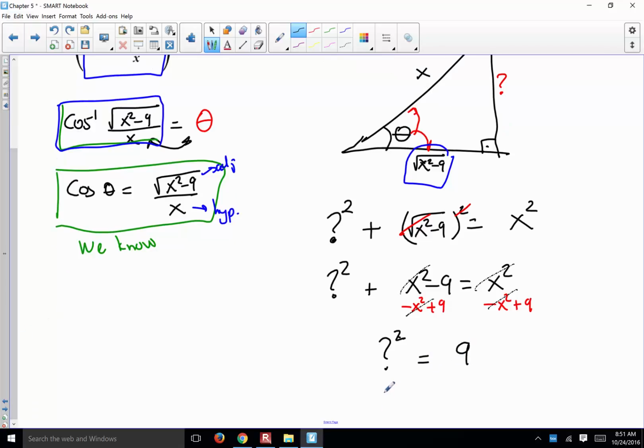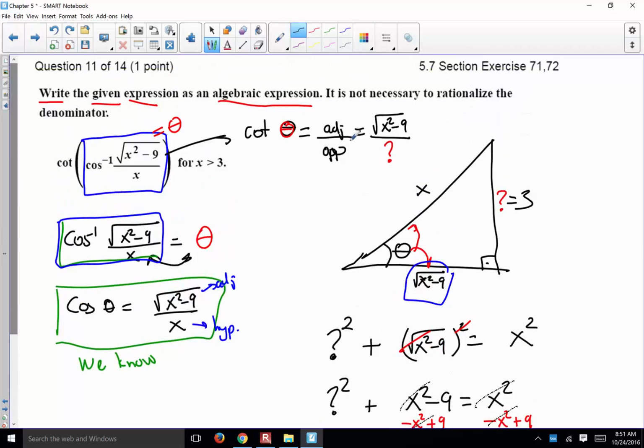What is the question mark side? It is 3. Okay, now we have the question mark as 3. We have the answer, root x squared minus 9 over 3. Does it make sense?